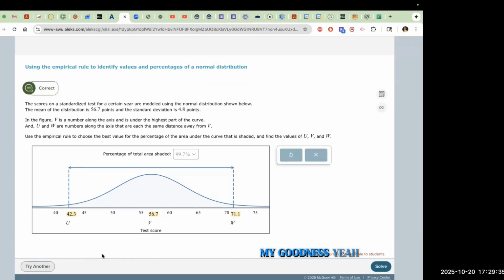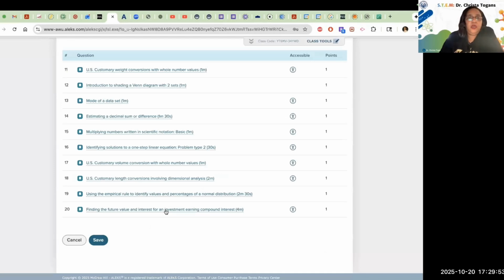See, it's really simple to do. Once you know exactly, you just test those numbers out. It's really nice. I like it. That wasn't too bad.